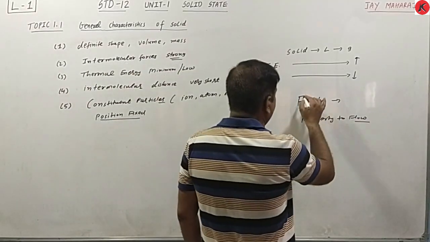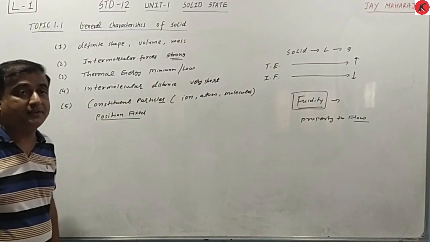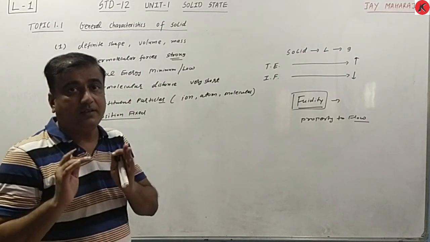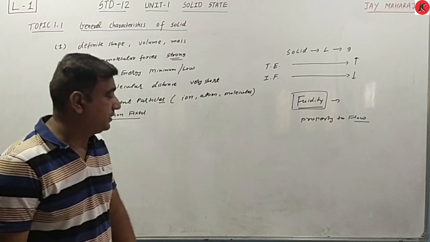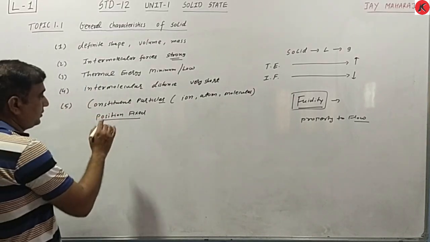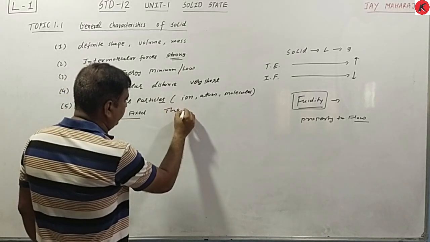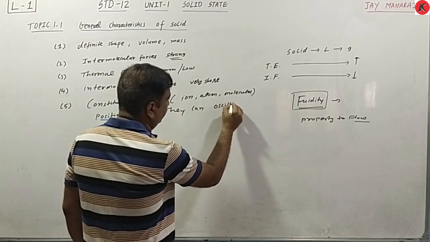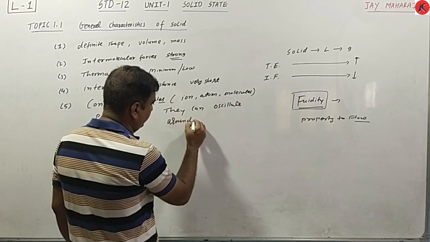That means we can say position is fixed, so they can only oscillate around the mean position. Here position is fixed, but particles can oscillate around the mean position.